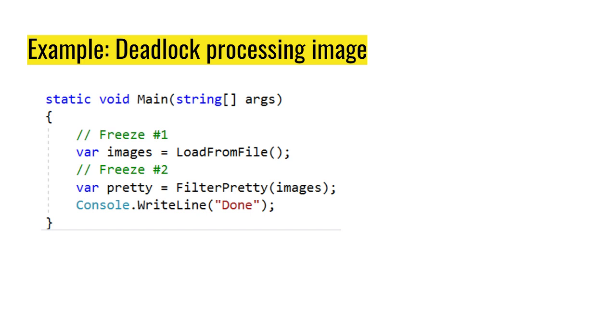We want to keep the loop going, but at the same time do heavy stuff. This is a problem because by doing heavy stuff, we will block the message loop. The message pump will stop. It will look like a single freeze, so while images are loaded and filtered, we will have a freeze.